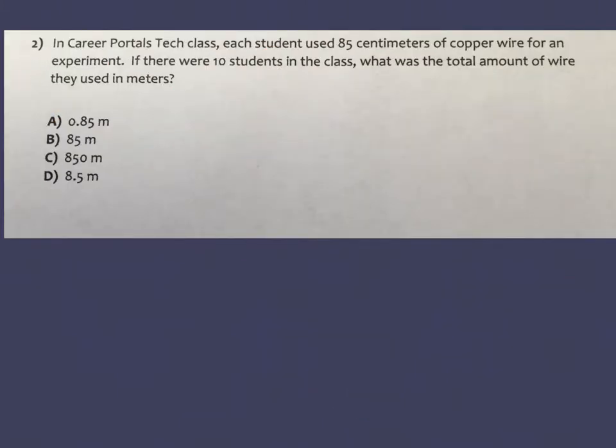In our next problem, in Career Portal's technology class, each student used 85 centimeters of copper wire for an experiment. If there were 10 students in the class, what was the total amount of wire used in meters?